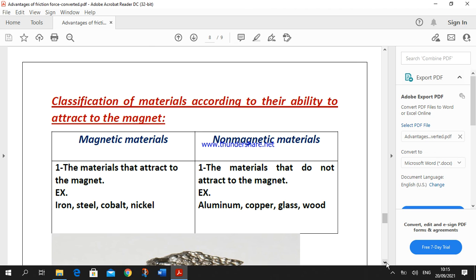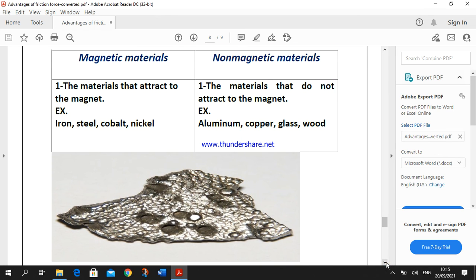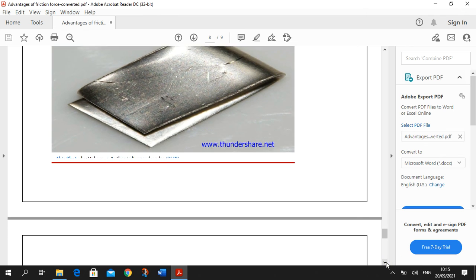Iron, steel, cobalt, and nickel are known as magnetic materials because all of them are attracted to the magnet. While non-magnetic materials are materials that are not attracted to the magnet, like aluminium, copper, glass, wood, rubber, paper, and so on. Why is aluminium a non-magnetic material? Because it is not attracted to the magnet.